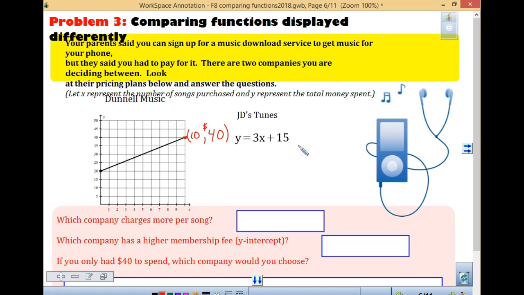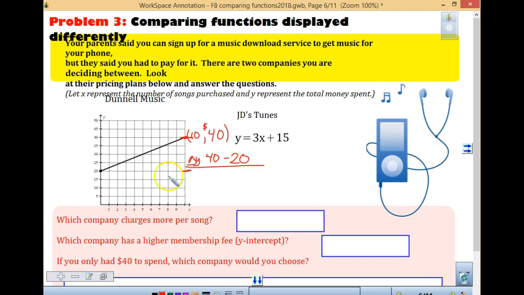So for 10 songs, how many dollars are you paid? 40. Not 40 for 10 songs, right? Because you had an initial fee of 20. So if you paid for that initial fee of 20, we're going to take 40, and subtract 20, change in y. So please write change in y.